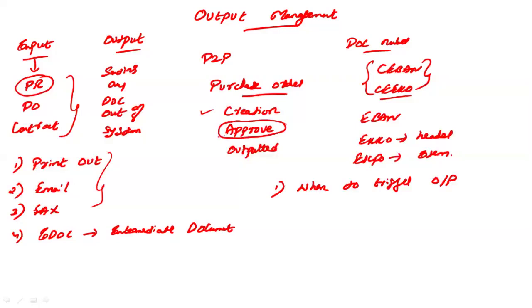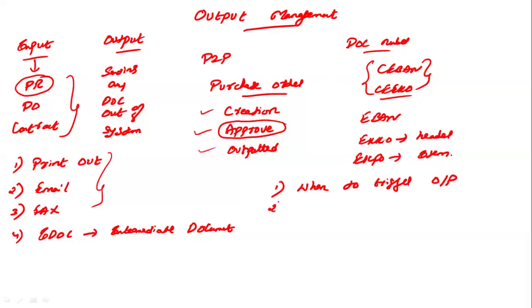If the approval flow exists, check if the PO is approved or not, then trigger the output. Second case, whenever we create a purchase order, check if there is an approval flow. If there is no approval flow, then directly trigger an output to the supplier. That is the first question, when the output needs to be triggered.